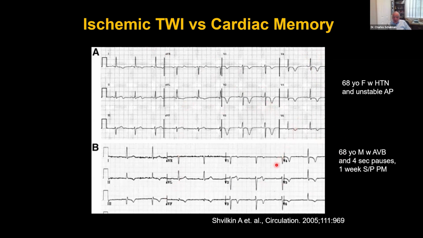The way you can tell the difference is, there's inferolateral T-wave inversion here, and anterolateral and inferolateral here, but with ischemia, you have ST-T abnormalities in lead aVL, whereas with cardiac memory, aVL is normal. So that's the way you can tell the difference. And cardiac memory is a benign condition, not to be confused with ischemia.